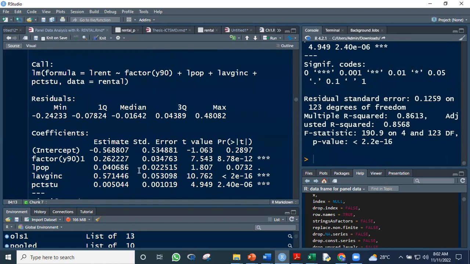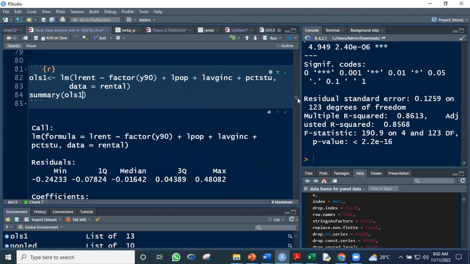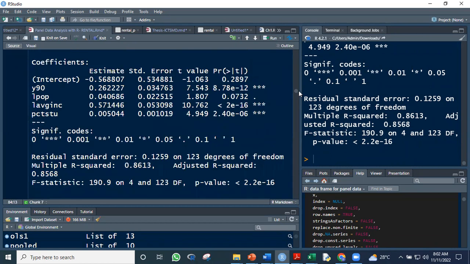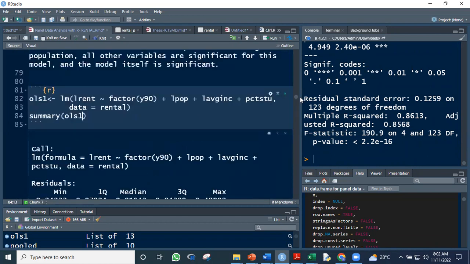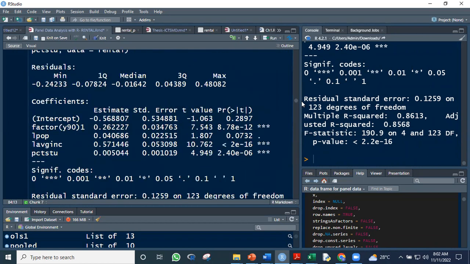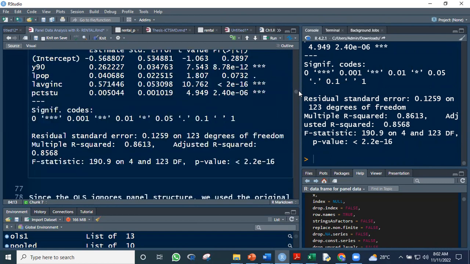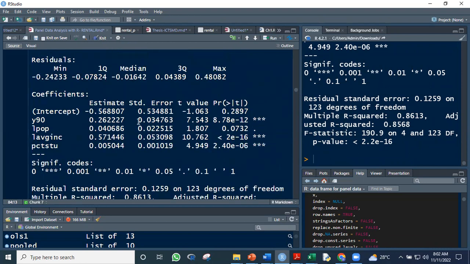Okay, so what do you notice here? You notice that the answer is the same, di ba? Parehong-pareho yung model natin. And although we converted y90 as a factor, okay, 0.26227, the answer was still the same, 0.26227.